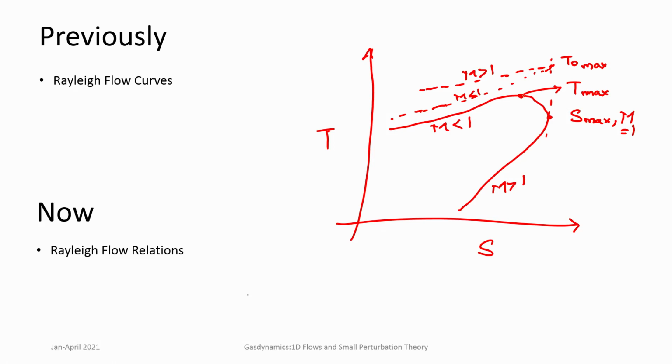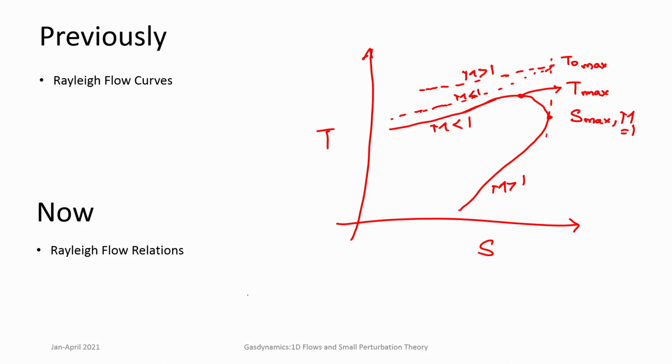Now, in the subsonic flow you also have the maximum enthalpy point or maximum temperature point. The temperature initially increases until T max, and thereafter it decreases to S max, that is to the critical point.